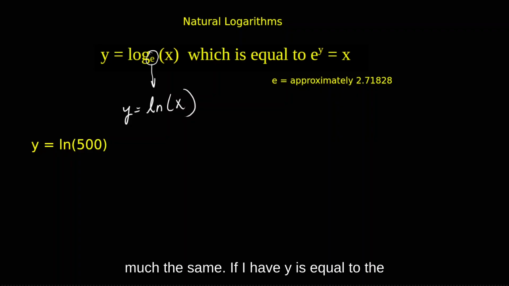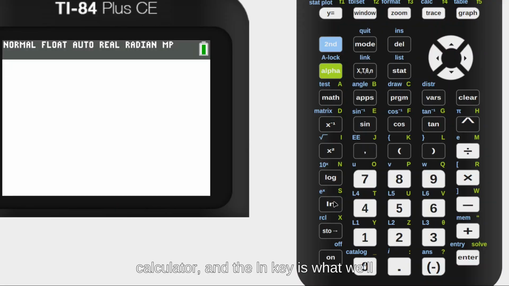If I have y is equal to the natural log of 500, these always have to be done pretty much on the calculator. So to do this one, we'll go back to our calculator, and the ln key is what we'll be using.